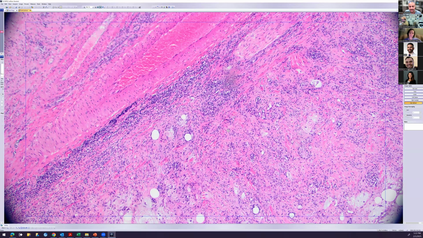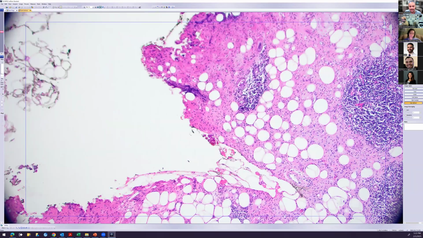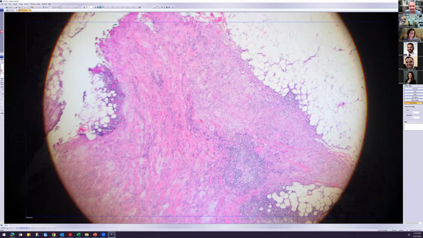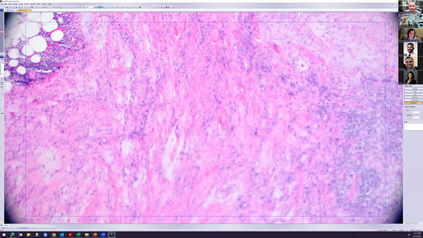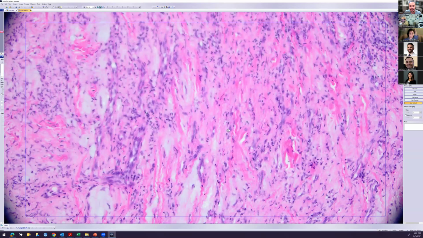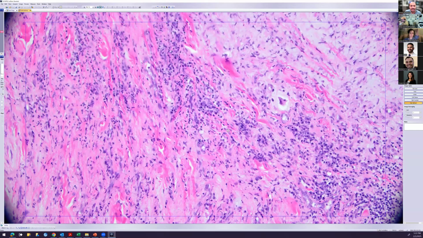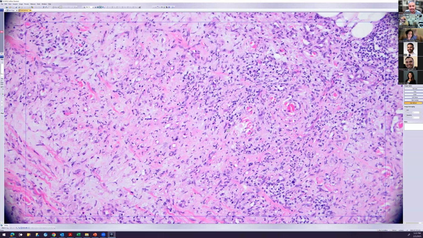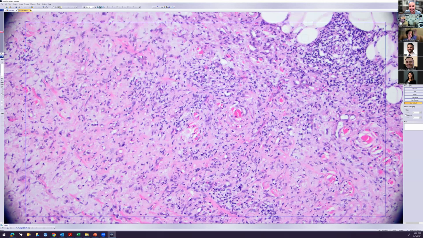Let me pull out another area here. This one has less of a myxoid background. It has these little pockets with big virus-like cells, but less predominantly myxoid. There's maybe a virus-like cell there. So they're scattered about.